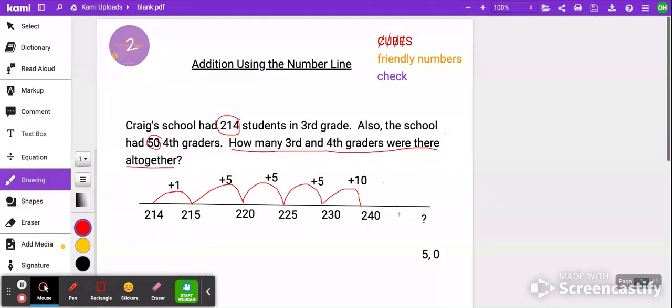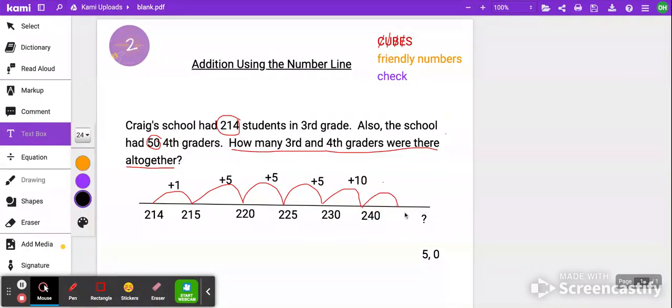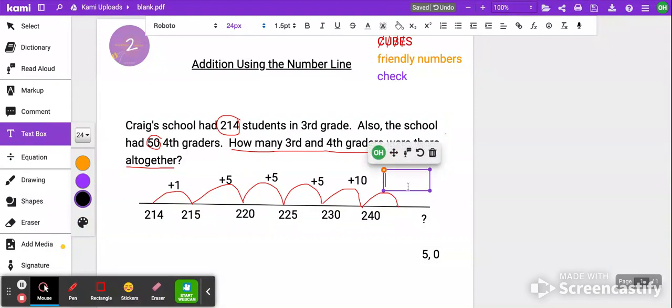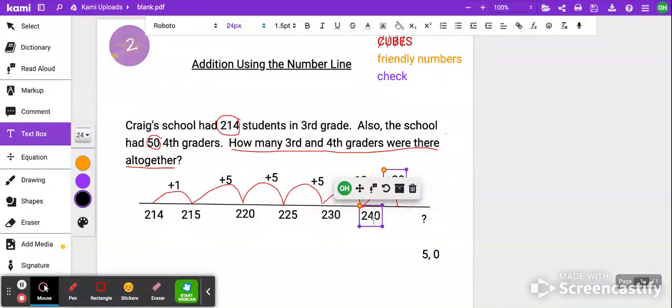So let's go ahead and we're going to draw the line here and we're going to add 20. Okay, so let's see what our new number or new value would be. If we're at 240 and we add 20 onto that, that would be 240, 250, 260. So I'll go ahead and put 260 there.